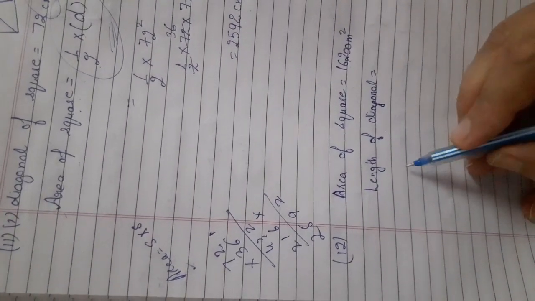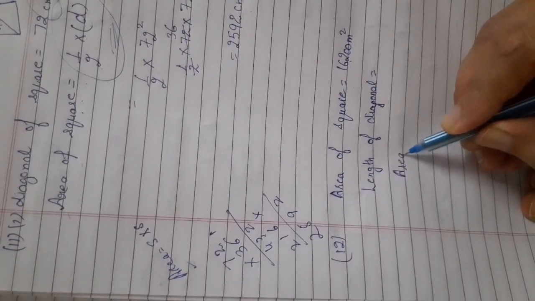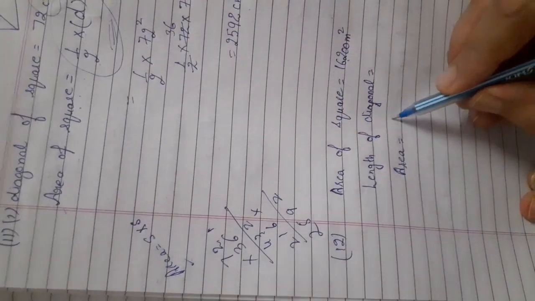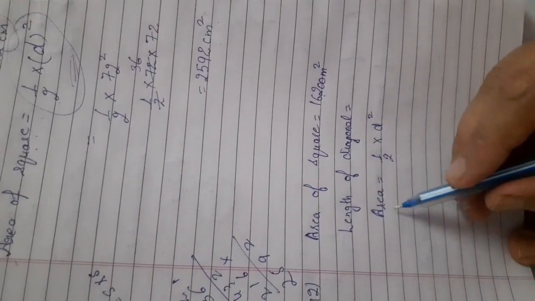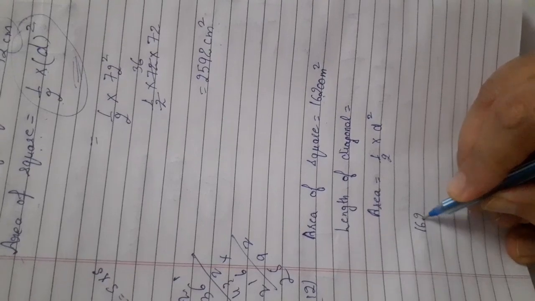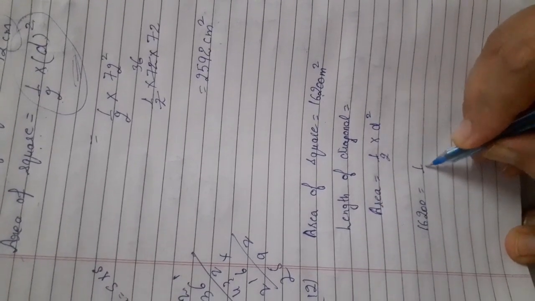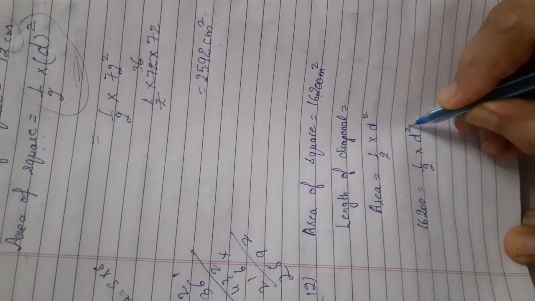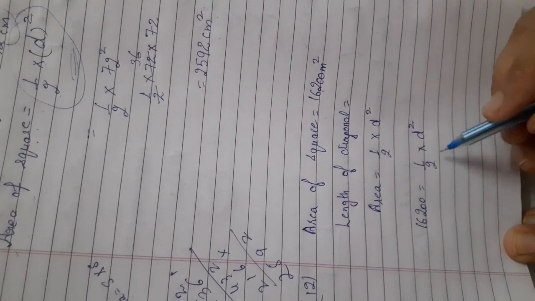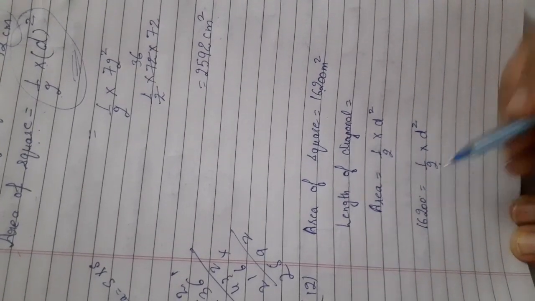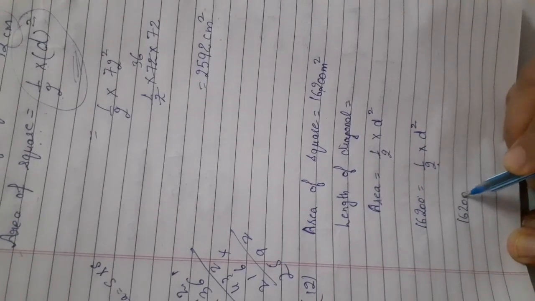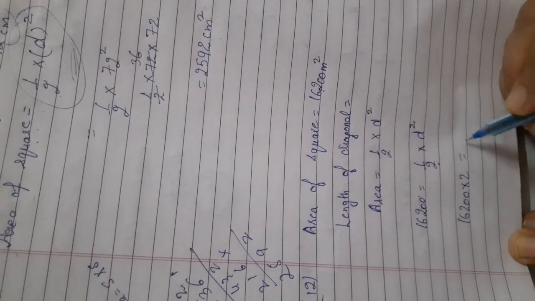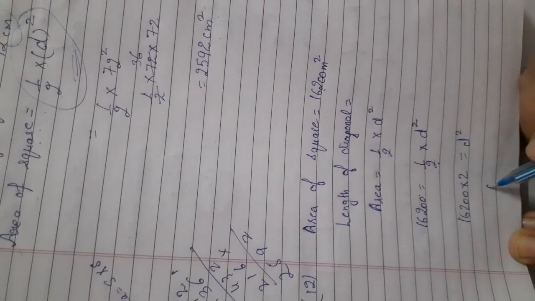I will find out the diagonal by using the same formula, half into diagonal square. Area is given, 16200, so half into diagonal square. What I will do, this 2 will go to that side, so it will become 16200 multiply by 2.